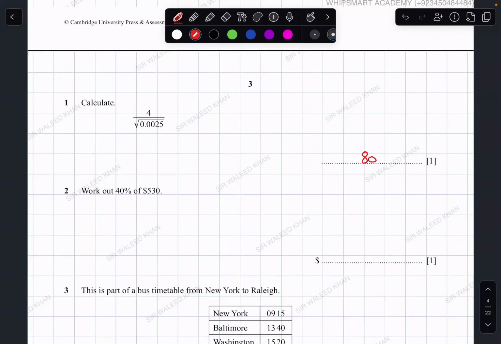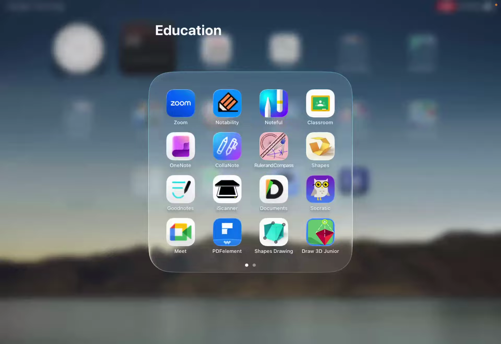Because of the use of calculator, let me show it to you people. Wait.